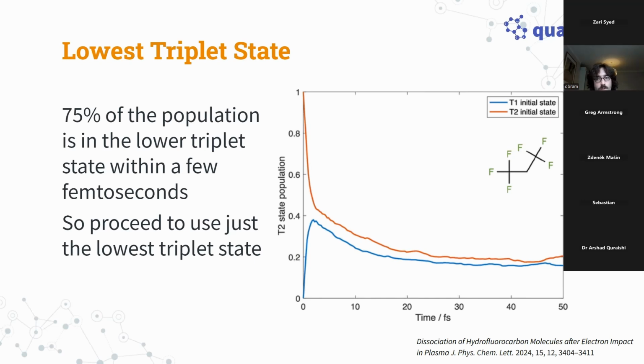So to make our simulations easier and less computationally expensive, we can just start in that lowest triplet state, meaning that we only have to consider one of those potential energy surfaces. But there is the potential to consider more.